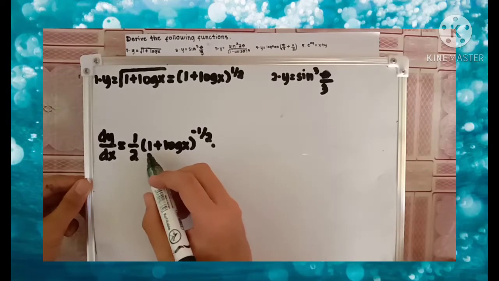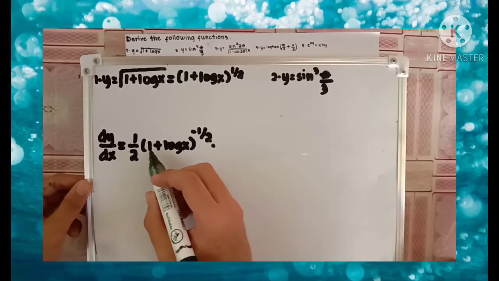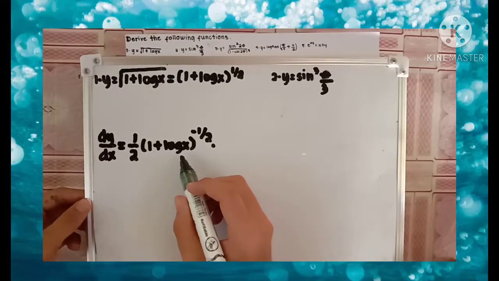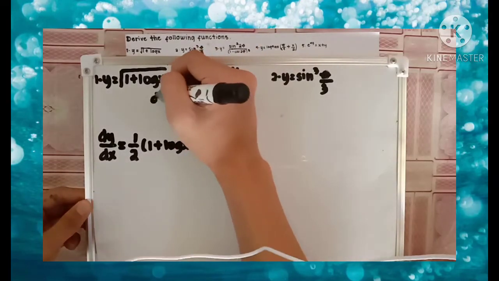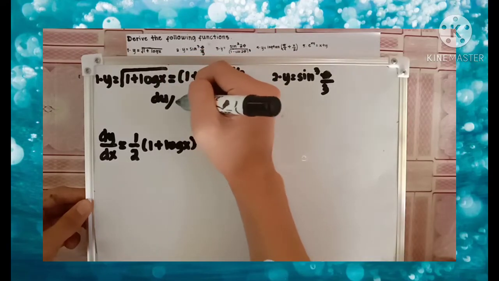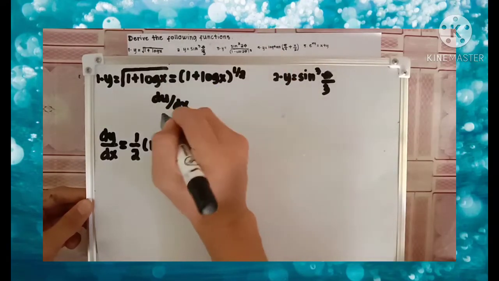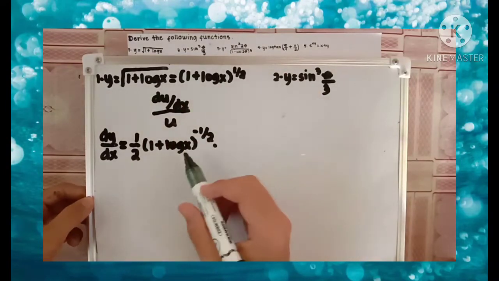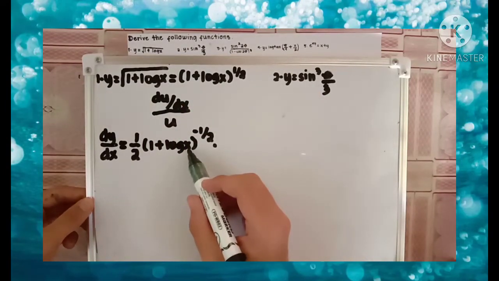So the derivative of 1 is equals to 0, so hindi na natin siya isasama. So the derivative of log x is equals to du over dx all over u. So the derivative ng x is 1.